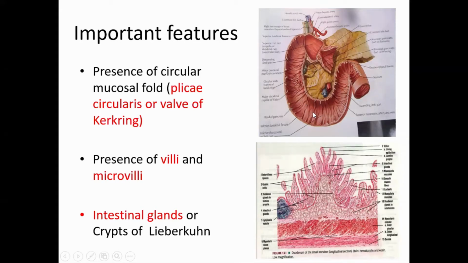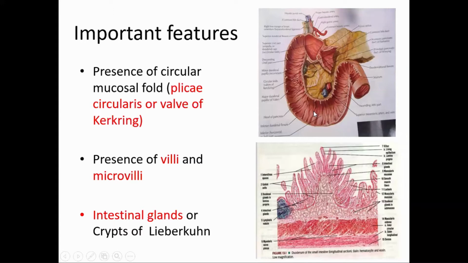So dodecadactylus means the length of the duodenum is equal to the breadth of the 12 fingers. What is the length? 25 centimeters. It extends from the pyloric orifice to the duodenojejunal flexure, which is the junction of the duodenum and jejunum.